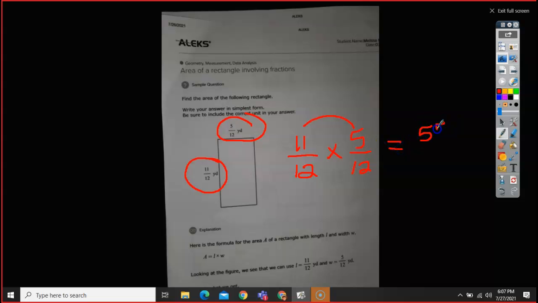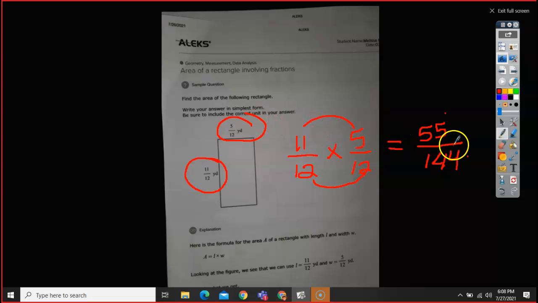And then you multiply the bottom. 12 times 12 is 144. And then you see if you can reduce it. All right, so both of these cannot be reduced because this is an odd number and this is an even number. They don't have anything in common. But that's basically what you do when you have fractions.